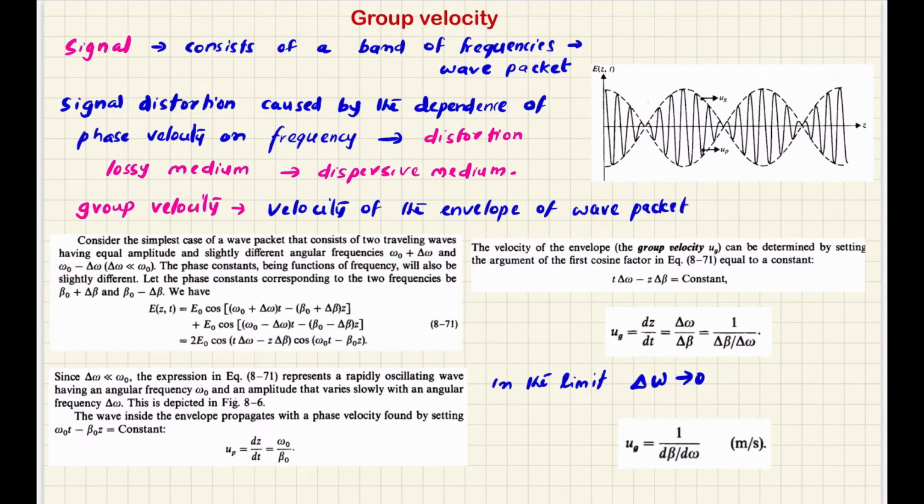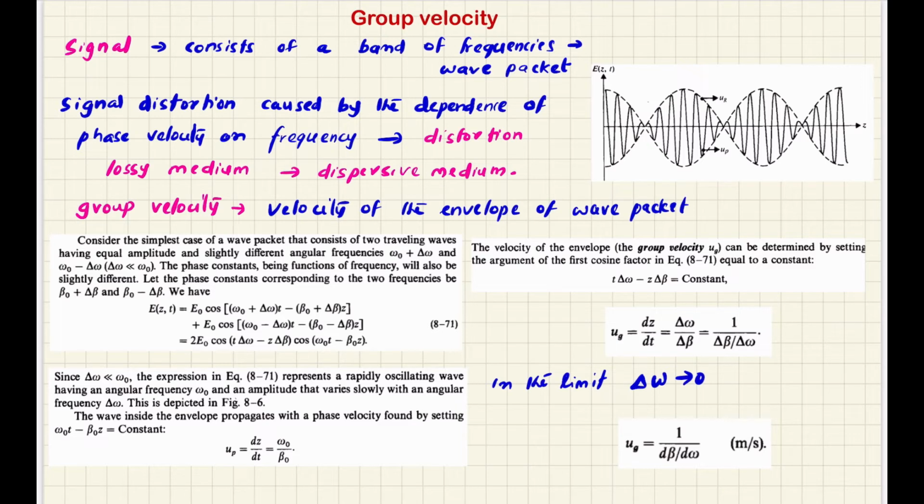There is a very small difference between the two frequencies, given by delta omega. Since they have different angular frequencies, their phase constants are also different. The first has a phase constant of beta 0 plus delta beta, and the second has beta 0 minus delta beta.